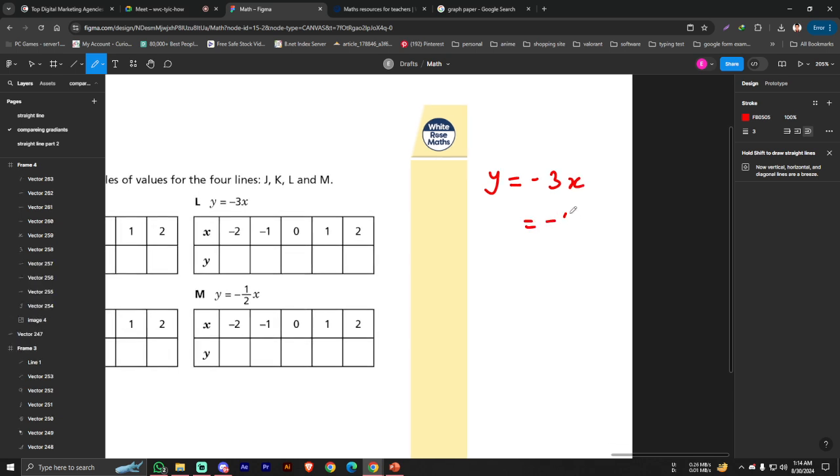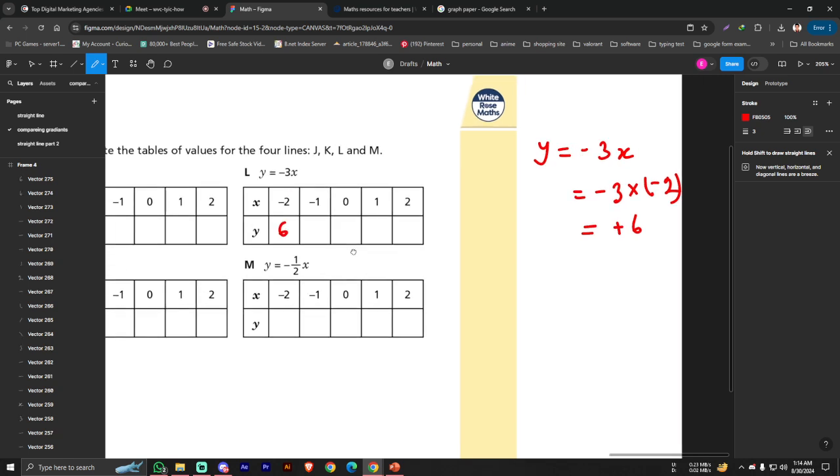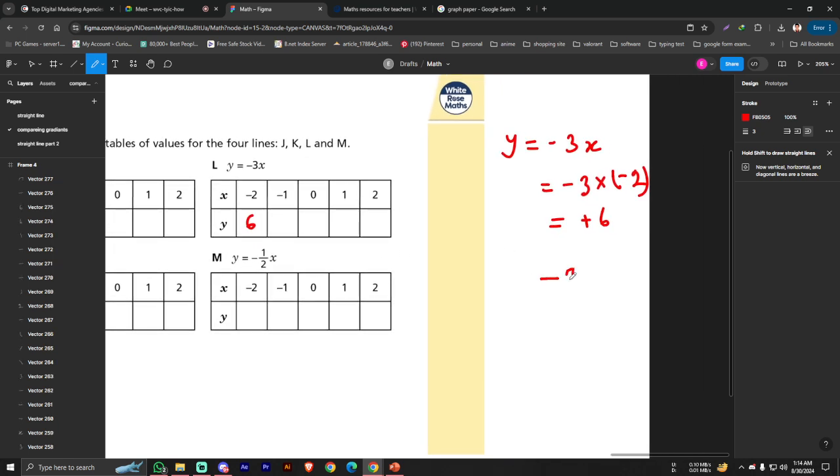We put one value here, that means -2. Negative times negative is positive, and we get +6. Similar thing, -3 times -1 is negative negative, we get positive 3.